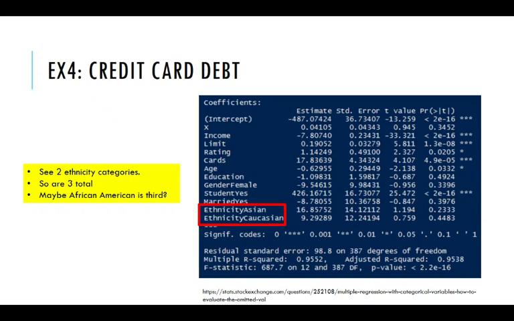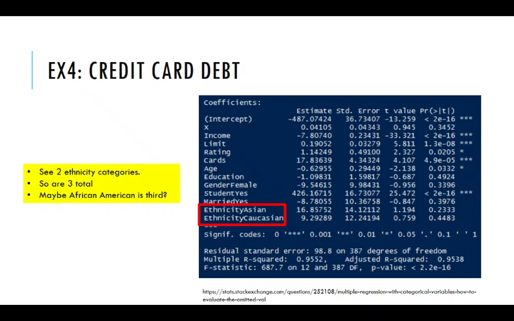But remember, there's actually a total of 3 because you have to have an omitted category. And so hopefully you're asking, well, what would our omitted category be here? Well, maybe it's African American, or maybe it's other. I don't know. But we've controlled for if you're Asian. We've controlled for if you're white. So it's got to be something other than those categories, right?